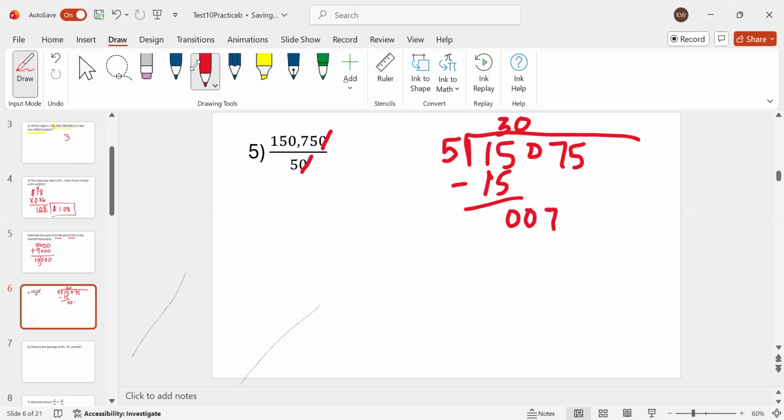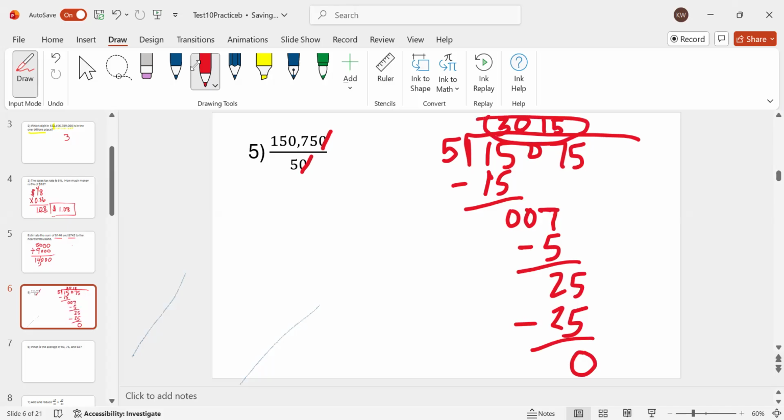Then we bring down the 7. 5 goes into 7 one time. So minus 5, 25. So then, 5 times 5 is 25. And that should be our answer, 3015.